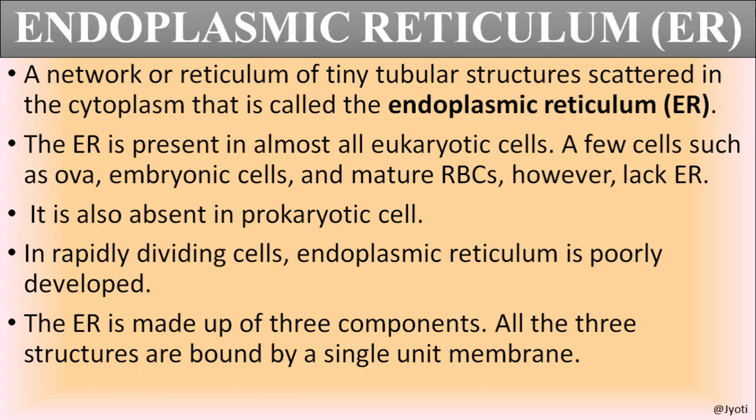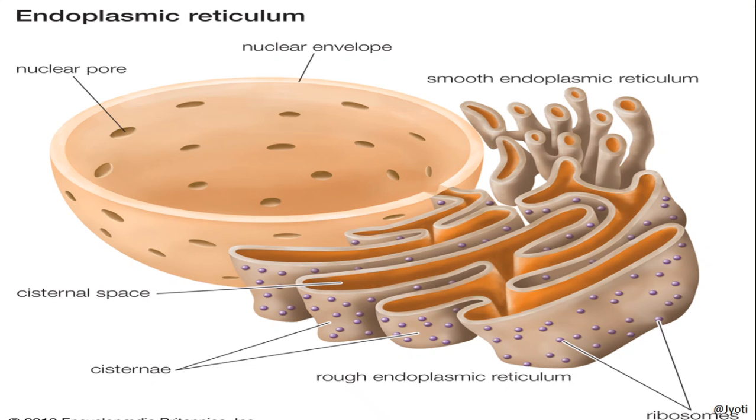Regarding the structure of endoplasmic reticulum, it is made up of three components, and all the three components are bound by a single unit membrane. Here in this picture you can see that this is the nucleus.